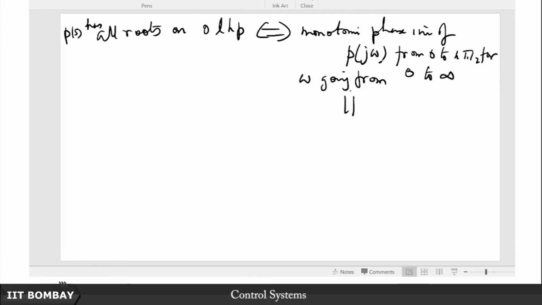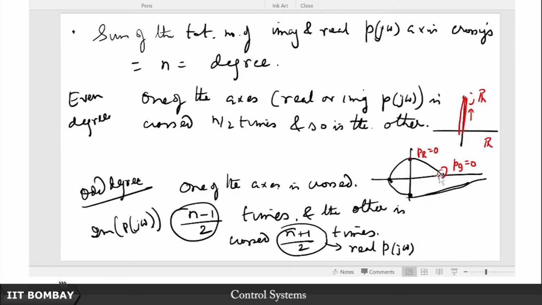Now this is also equivalent to what I have just deduced, and it goes both ways. If the phase is monotonically increasing from 0 to n pi by 2, then I must encounter the zeros or the roots of the real and the imaginary part in an alternating fashion. Similarly, if I encounter these roots in an alternating fashion, then the phase of such a polynomial must go from 0 to n pi by 2 monotonically.